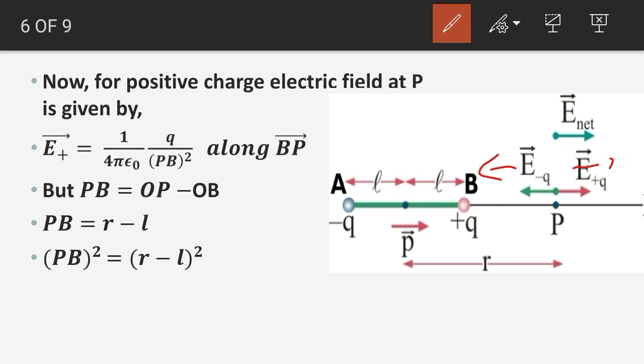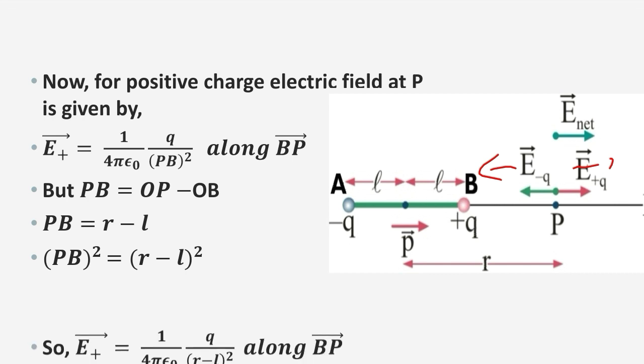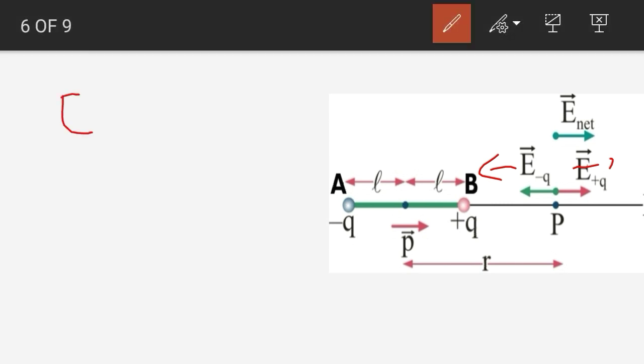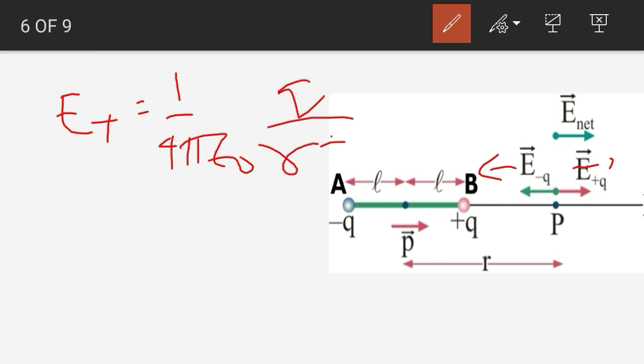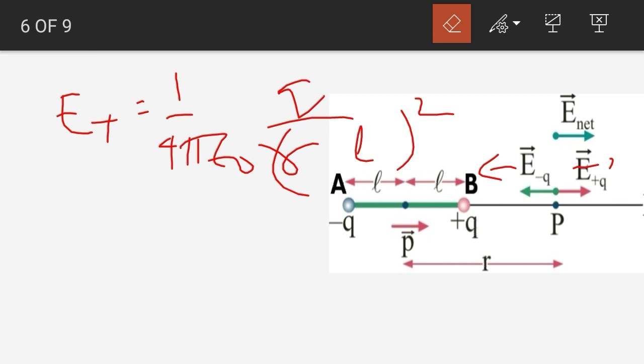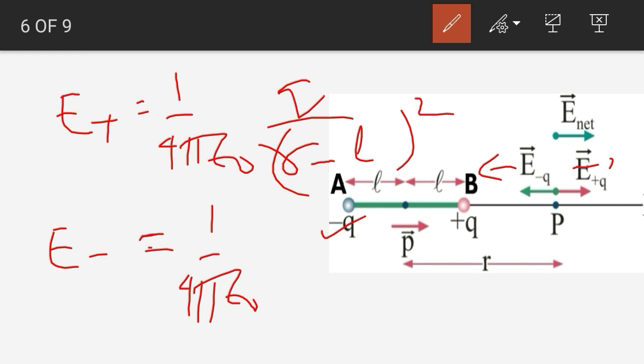E plus is equal to 1 by 4 pi epsilon 0 q divided by (r minus l) whole square, since the plus charge is situated at this point, and for E minus the distance is obviously greater, (r plus l) whole square.